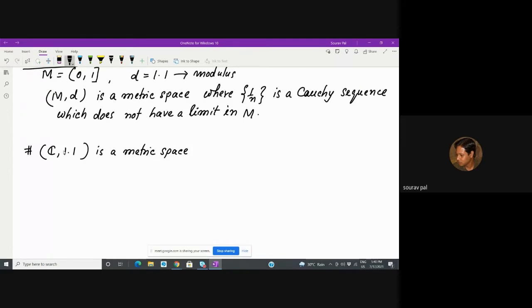Does every Cauchy sequence converge in C? Yes, sir. How would you prove that? It's a complete space, so the Cauchy sequence is going to converge. Indeed, this is true. So this is a metric space where every Cauchy sequence converges.